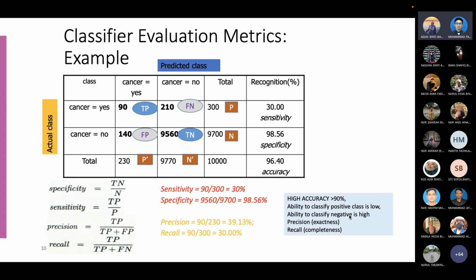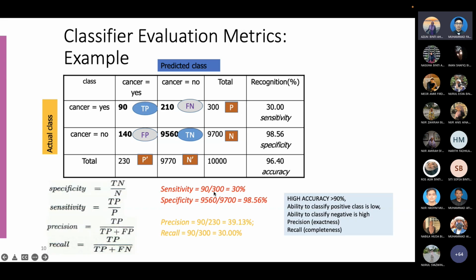Okay, so this is another example. Cancer and not cancer. Kita tengok kat sini, ada yes, no. Kalau kata sensitivity, specificity, precision, apa semua tu, you kena calculate lah. Maknanya you have the numbers here. For sensitivity, 90/300.